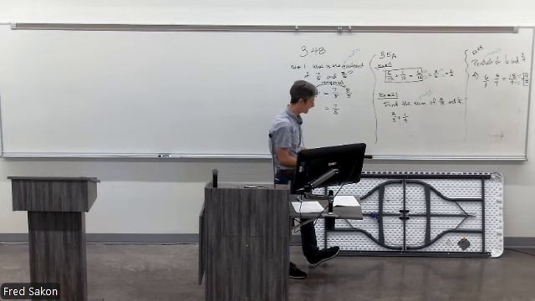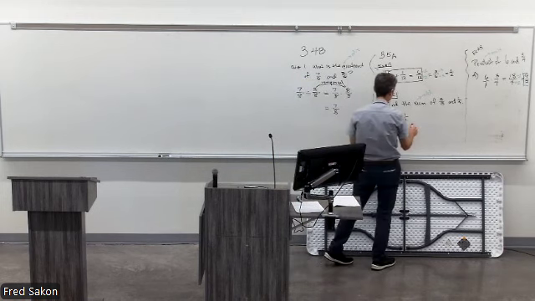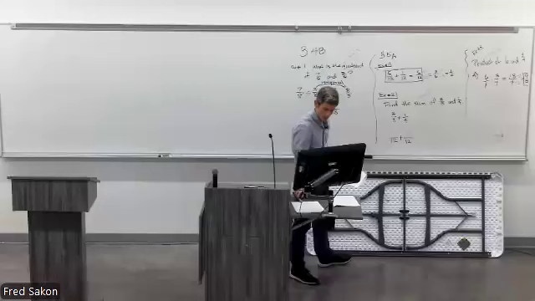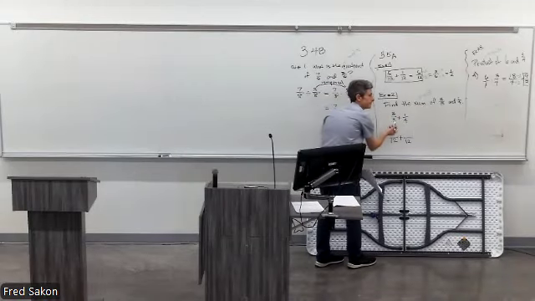What's a good number we can multiply up to for 3 and 4? 12, I think that's a good one. So 12, and you want to take 3 times 4?